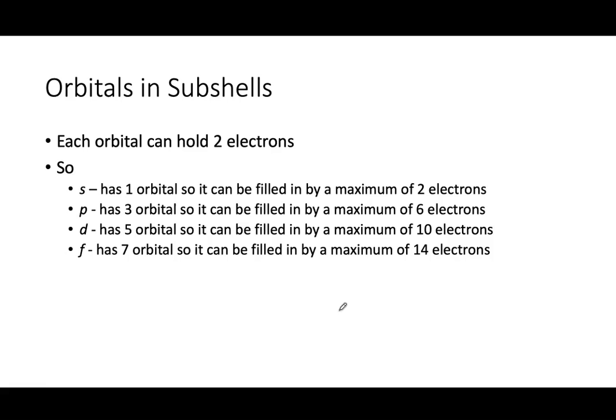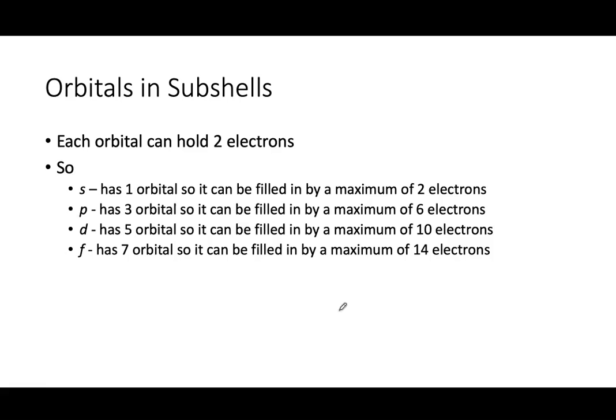P has 3 orbitals, so that's a maximum of 6. D has 5 orbitals, so it has a maximum of 10 electrons. And F has 7 orbitals, so it can be filled by a maximum of 14 electrons. By doing this, we can account for the number of electrons present.